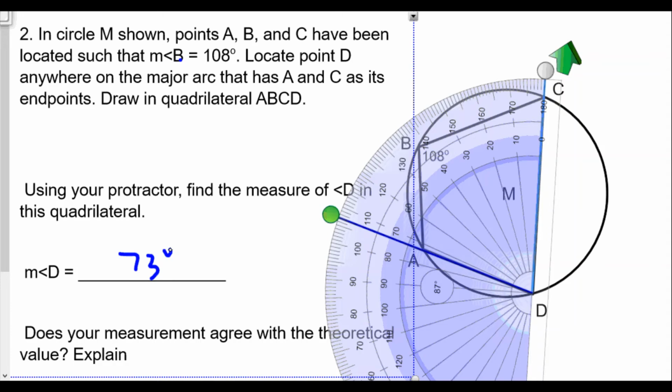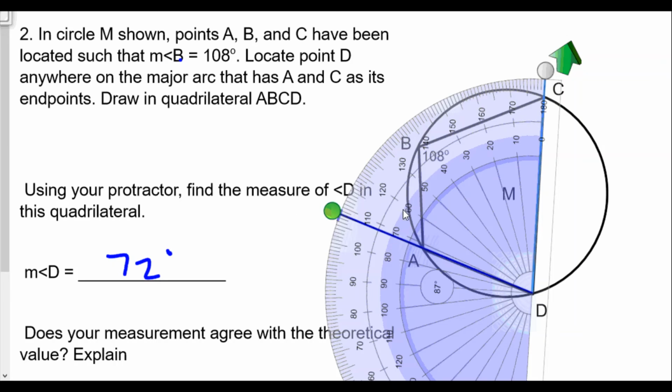Let's see, here's 70 degrees, 71, 72. It's not 72 actually, so it should be a 72. All right. So our answer should be 72 degrees.